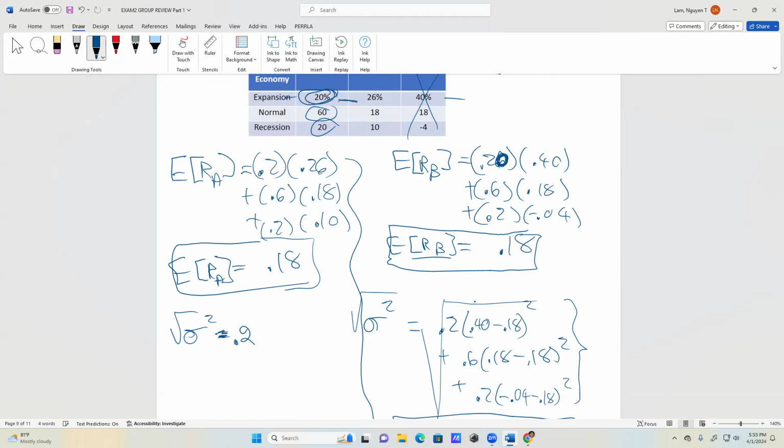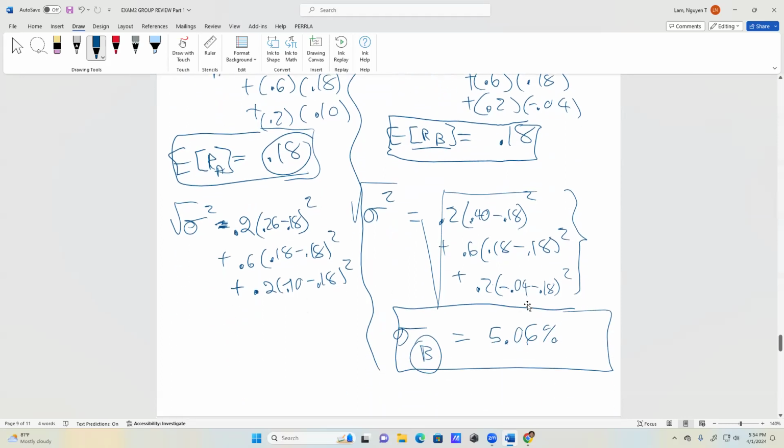What's next to it? It's 26%. So 0.26 minus the expected return 0.18 squared, plus probability 0.60, next to it is 0.18 minus 0.18 squared. Lastly is the probability of 0.2, and there's a 0.10 minus 0.18 squared.